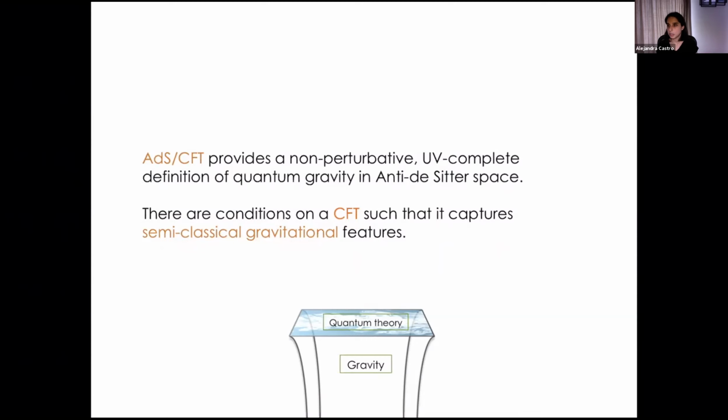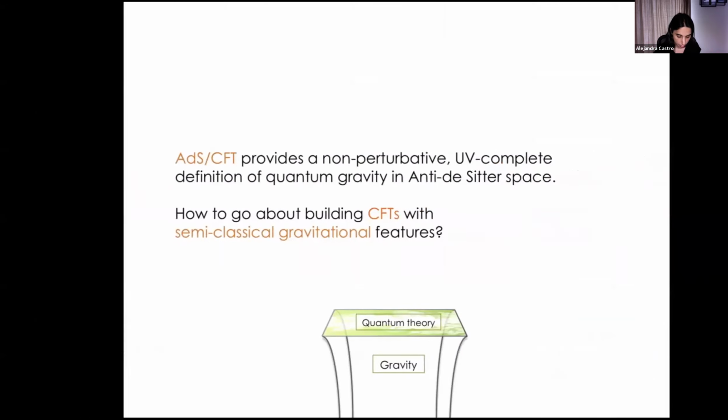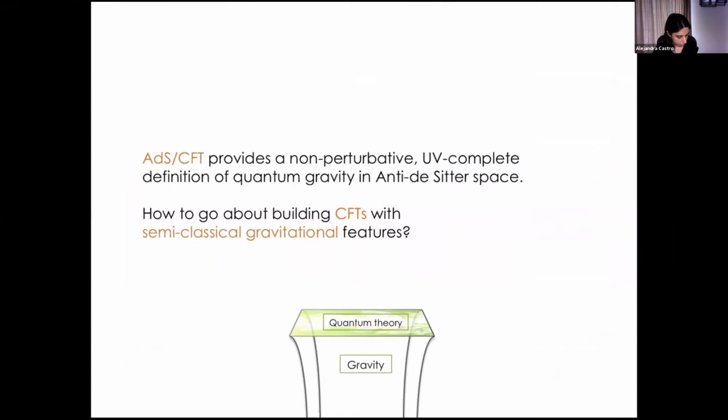Usually we think about some large N limit, and there's a way in which we expect this large N CFT to behave, and that's when we're going to start seeing the semi-classical gravitational features, with the weakly coupled description on the AdS side.